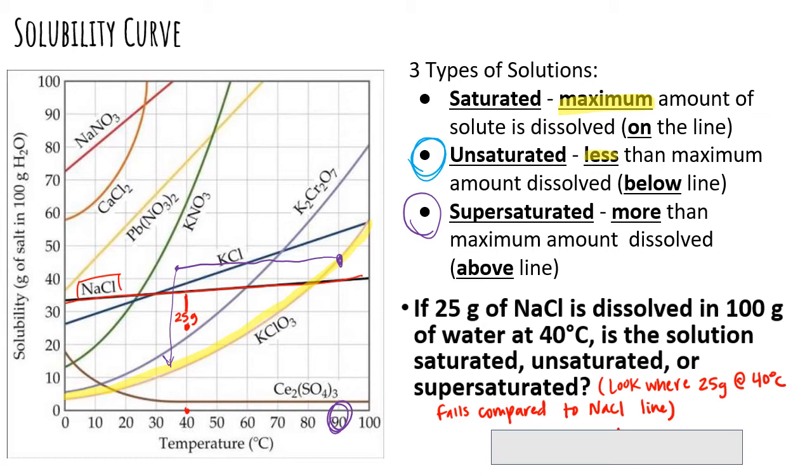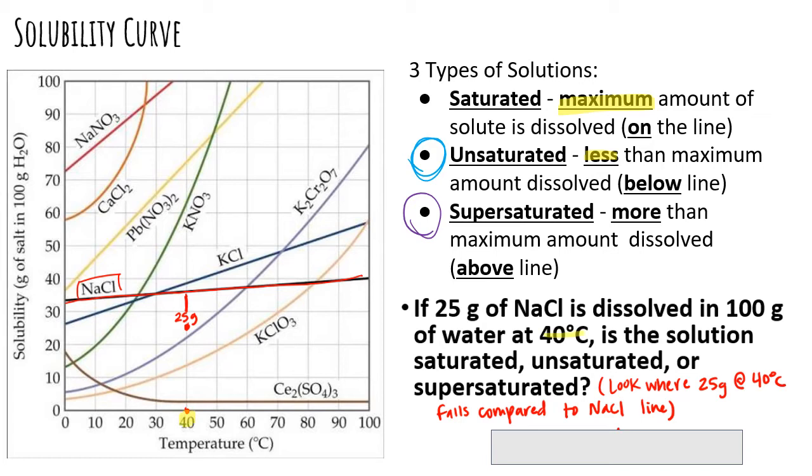So we can also be asked questions about if something is saturated, supersaturated, or unsaturated. For the example, this says if 25 grams of sodium chloride is dissolved in 100 grams of water at 40 degrees, is it supersaturated, unsaturated, or saturated? So for this one, we are going to go to 40 degrees.